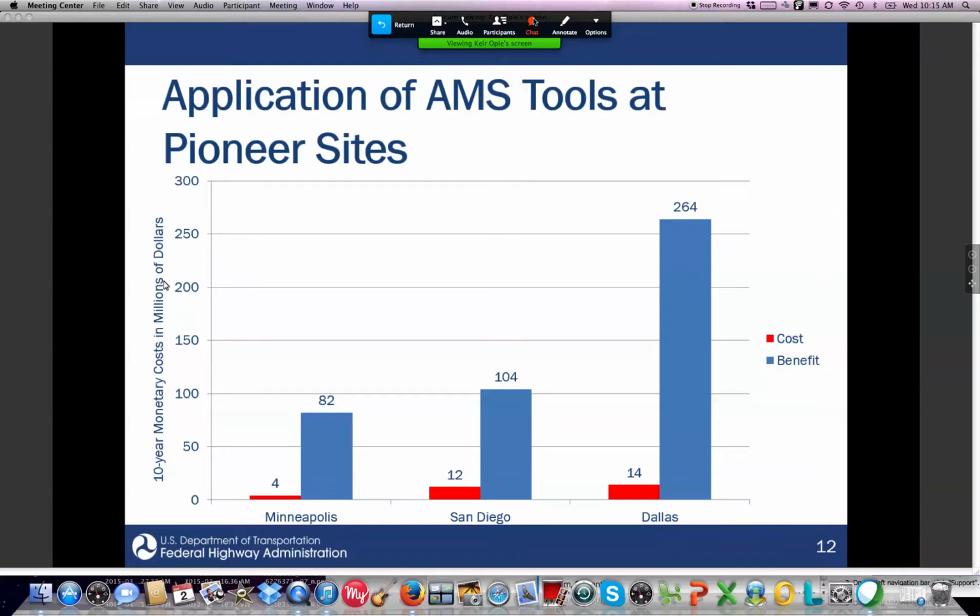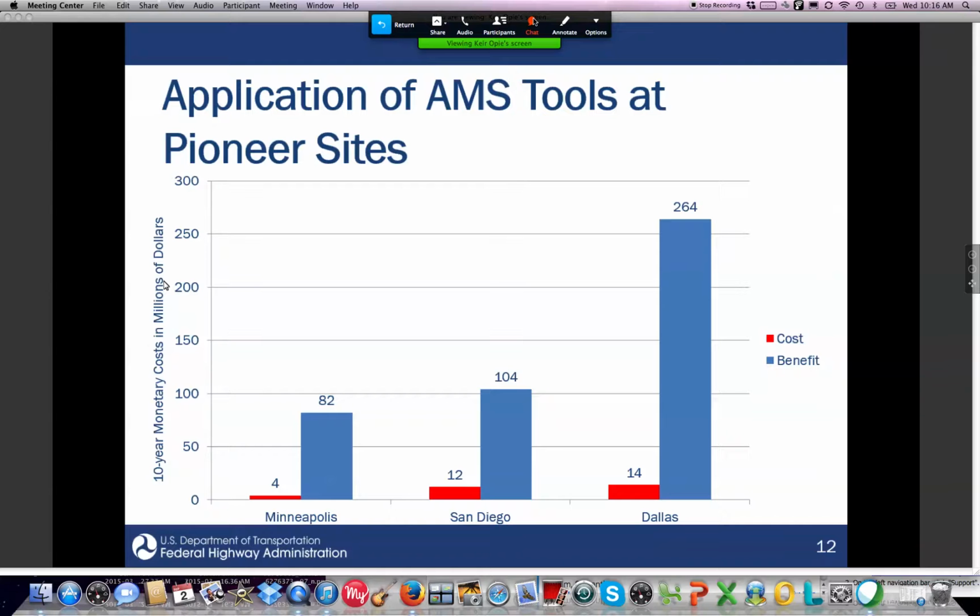And this is a very quick and short summary of a lot of analysis and effort that went into these 3 sites to try to peg what the potential benefits would be and how the cost of those systems would line up versus those benefits.